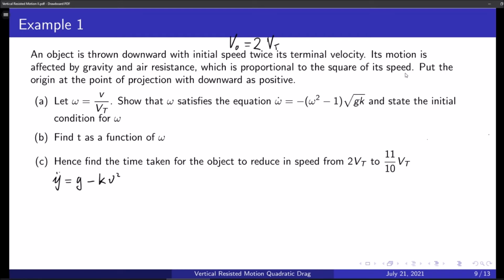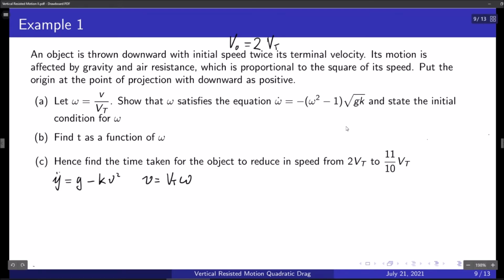First we're asked to examine this particular expression, the ratio between the velocity and its terminal velocity, and then show that omega satisfies this particular equation. So we're going to do that. Because omega is v over vt, v is vt omega.